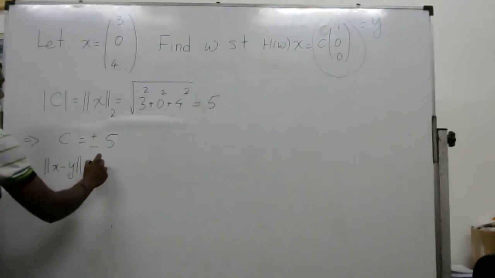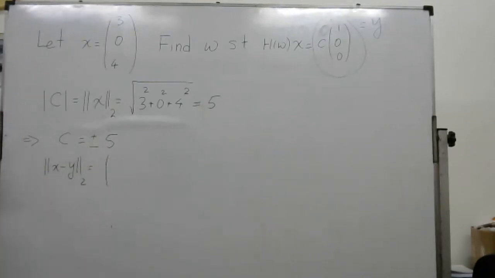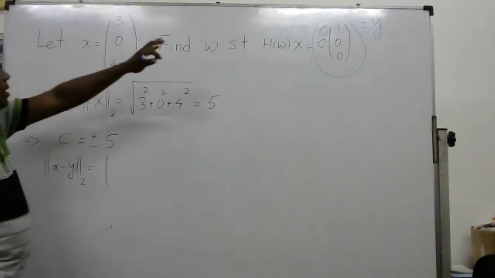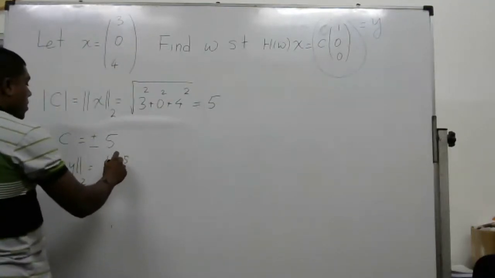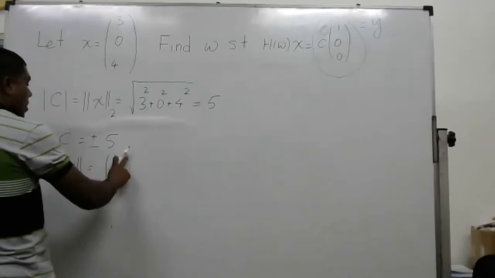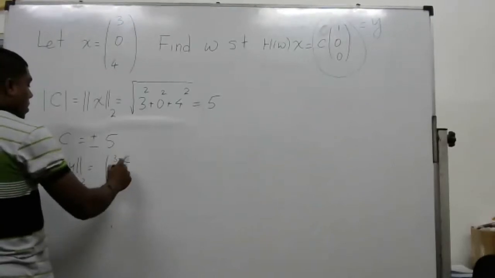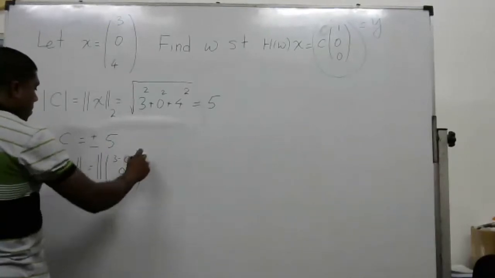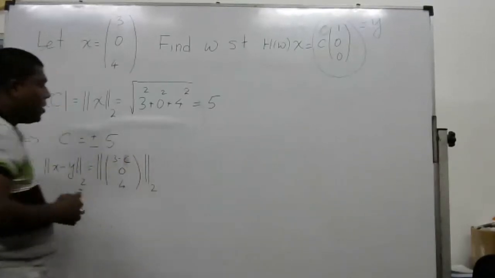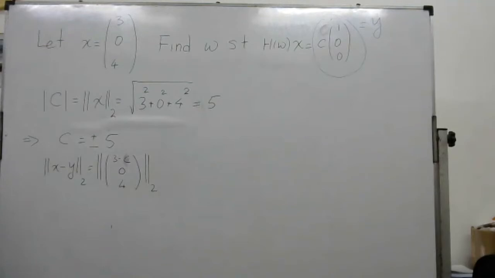That is x minus y, which is (3 minus c, 0, 4), and we take the 2 norm of that vector.